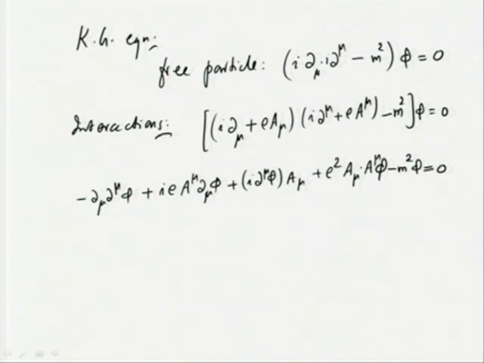This is basically clubbing the non-interacting free case and the interacting case separately. Multiplying firstly with a minus sign, I get dou mu dou mu plus m square acting on phi, which is basically the free part of the equation, plus I E A mu dou mu plus dou mu A mu phi.